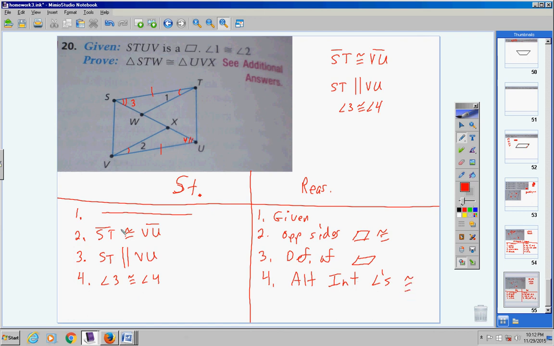And now I've got it all marked here perfectly. Angle side angle congruent to angle side angle. So I've got triangle STW congruent to triangle UVX. And the reason would be angle side angle.